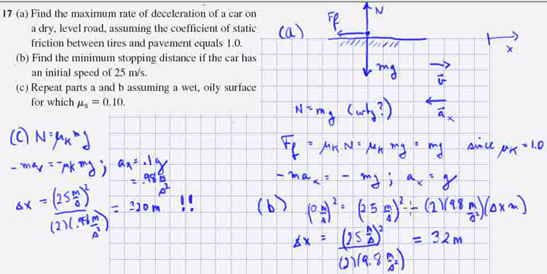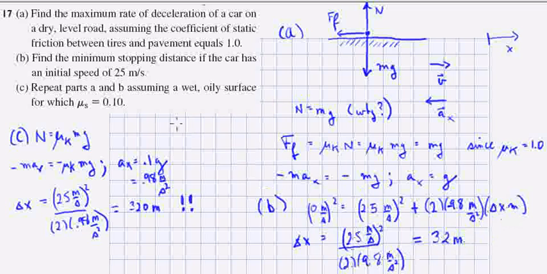The acceleration is negative, in meters per second squared, times the stopping distance. We solve this equation for the stopping distance and conclude that delta x is equal to 25 meters per second squared divided by 2 times 9.8, which to 2 decimal places is 32 meters.